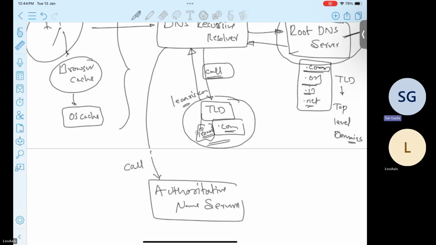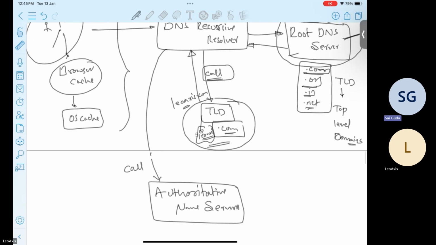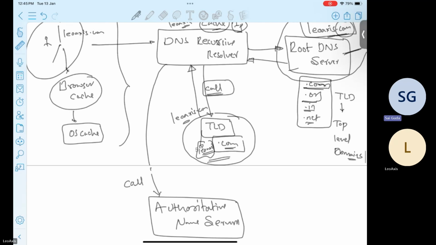It is the final part of the DNS system, which contains the actual details of the domain name. The TLD server says, "My dear recursive resolver, LeoAxis.com is registered in our server, but these details are not available with us. They are available with the respective authoritative name server." It provides the name server details.